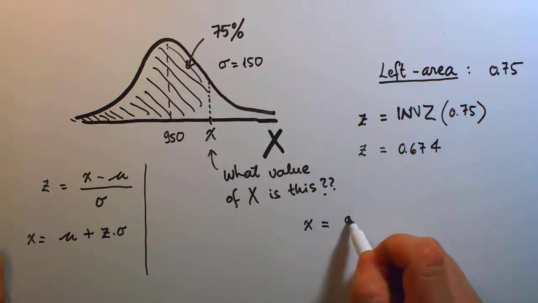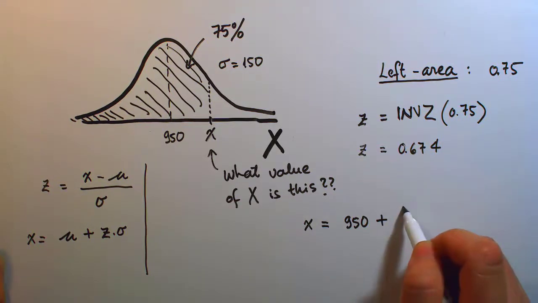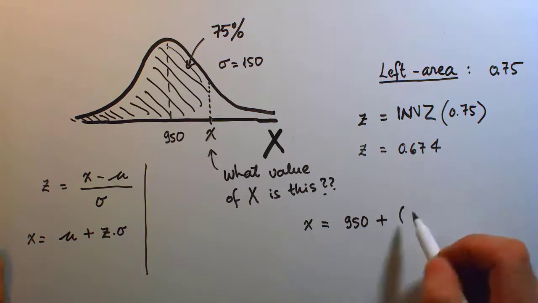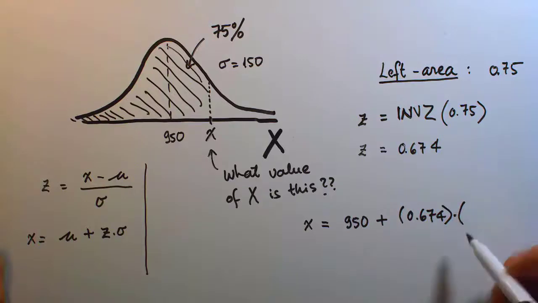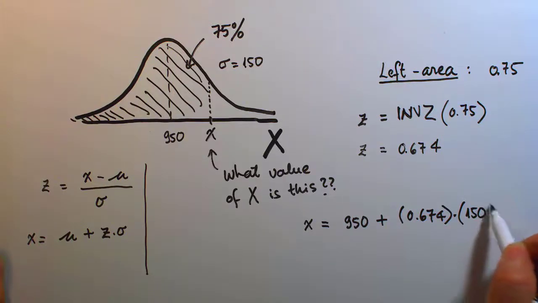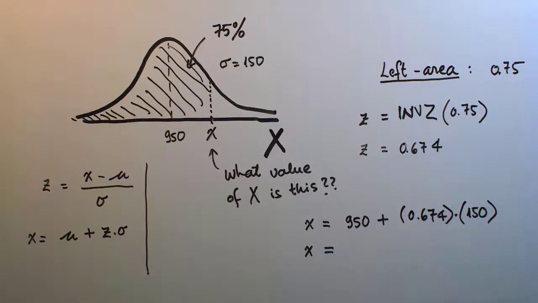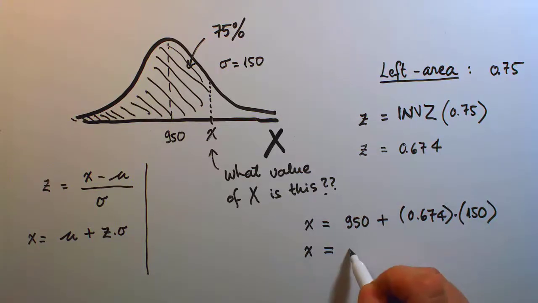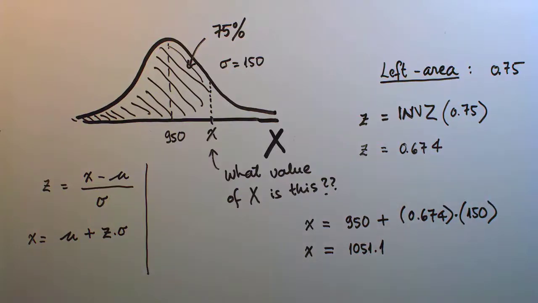From the mean being 950, I am going to add the Z-score calculated here, 0.674, multiplied with the standard deviation 150. My final calculation comes out to be 1051.1. This is our final calculation value.